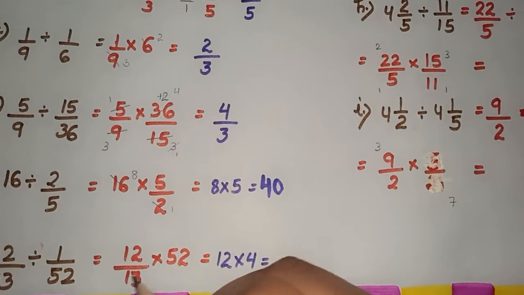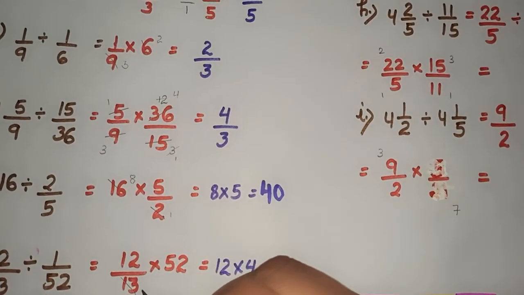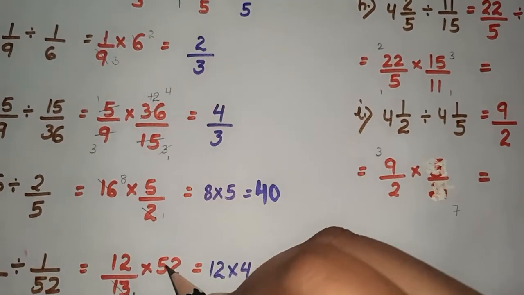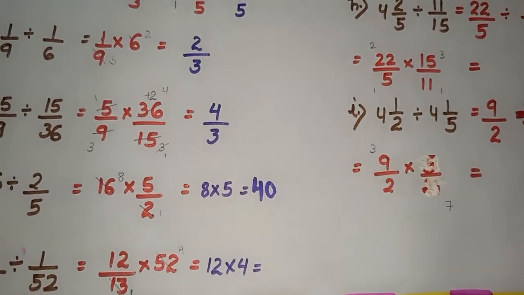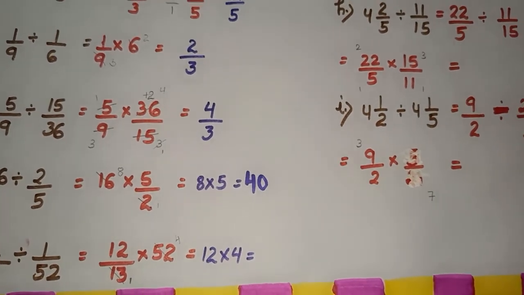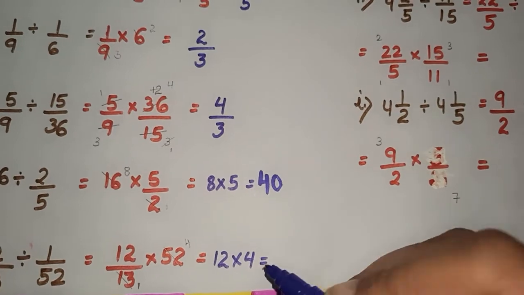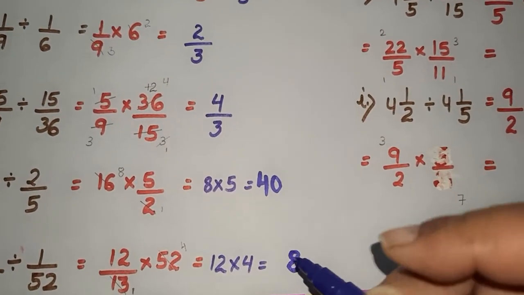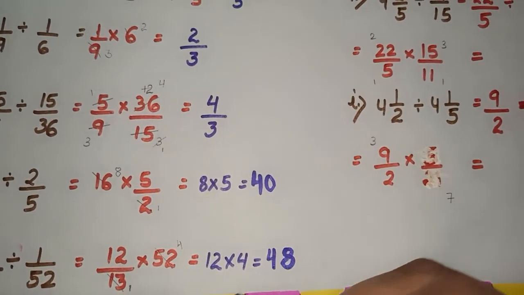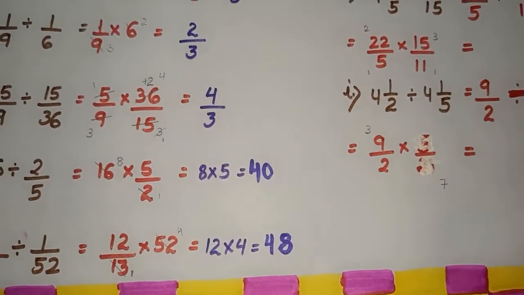Now we need to check whether any numerator and denominator is divisible or not. Yes, 13 ones are 13 and 13 fours are 52. Now only 12 and 4 are left in the numerator, so 12 fours are 48, and this is our answer.